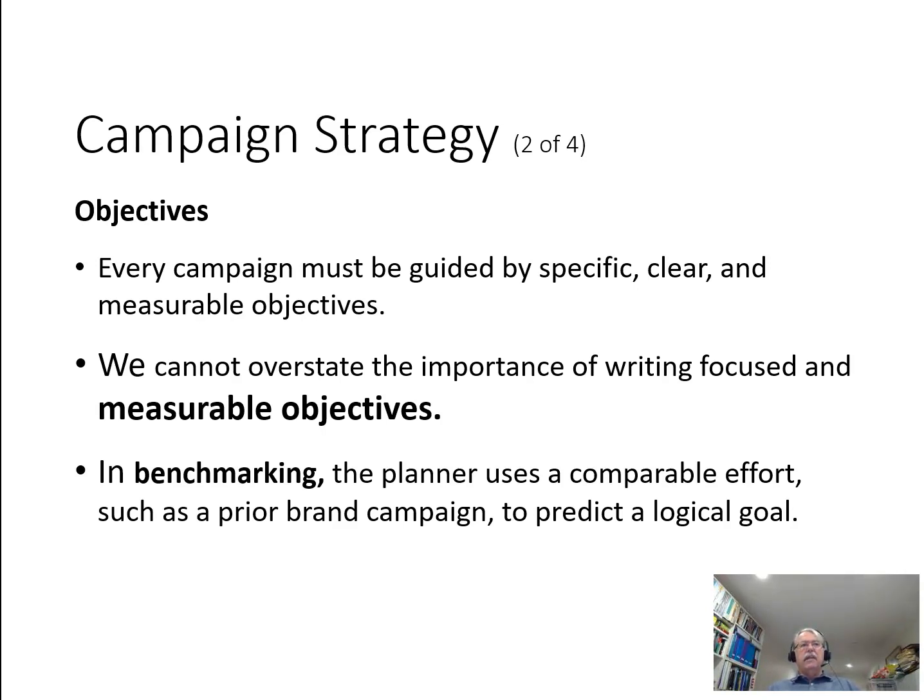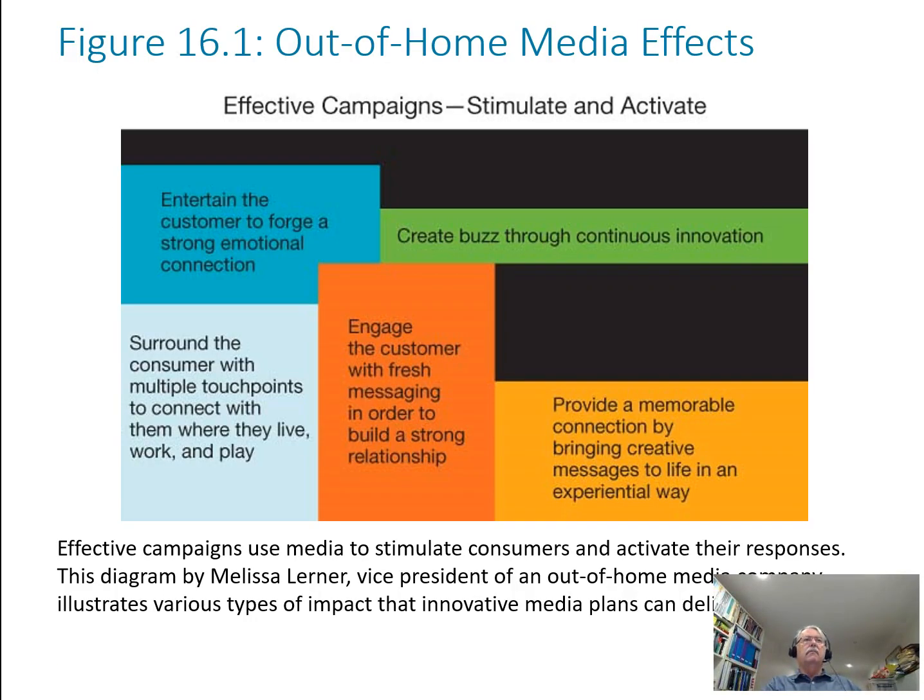So remember that they need to be measurable. And so often, almost all of the time, campaign managers will benchmark their efforts against prior brand campaigns or try to predict some kind of logical goal.